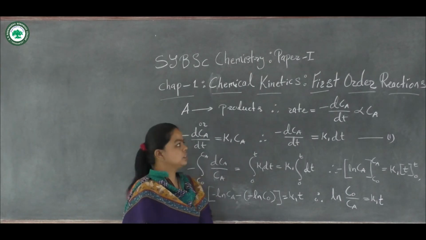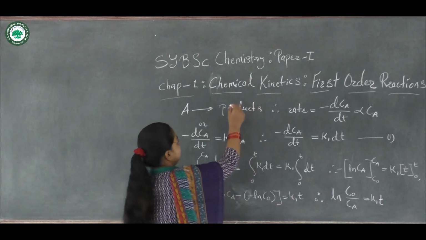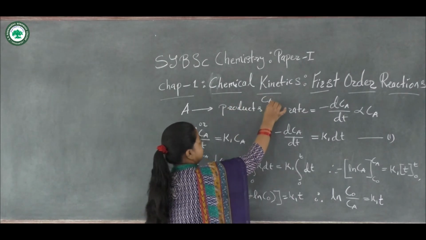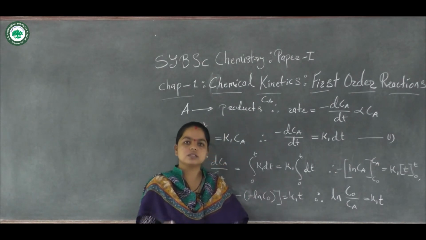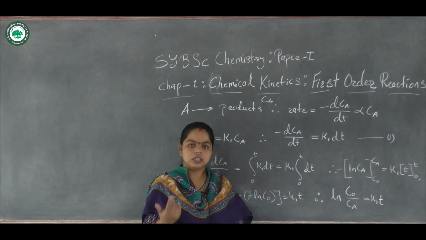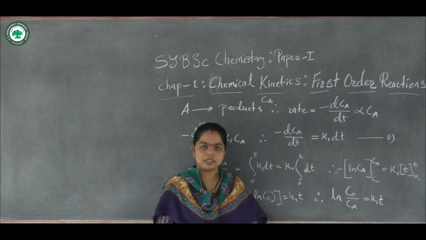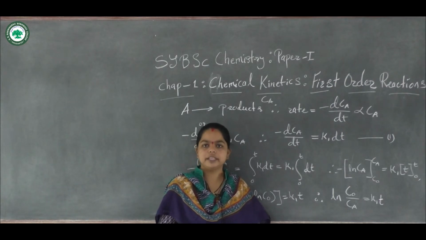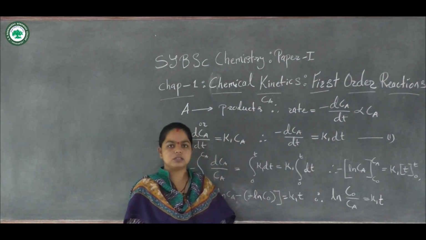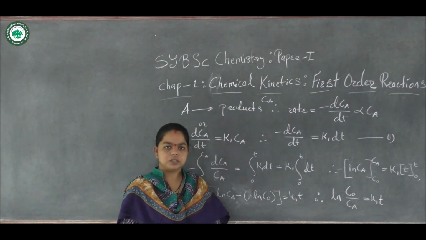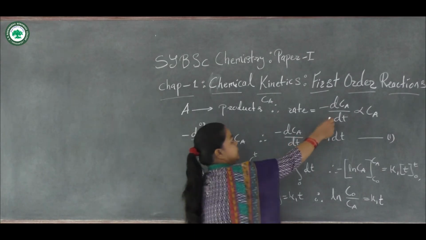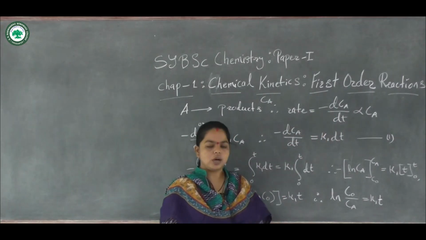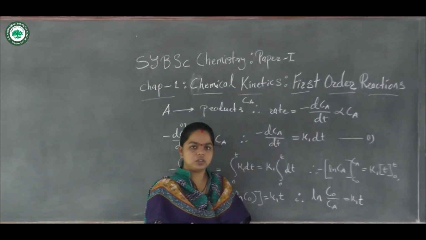Now let Ca be the initial concentration, or the concentration of the reactant. Then by applying the law of mass action, we will get minus dA upon dt, the constant decrease in the concentration of the reactant.